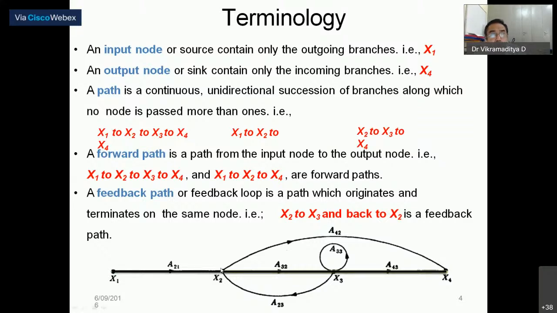While finding out the path, the path will be of two types, forward path and feedback path. But the definition of path is that no node should be traced twice. It should be continuous and it should consist of unidirectional successive branches. Is there any problem?